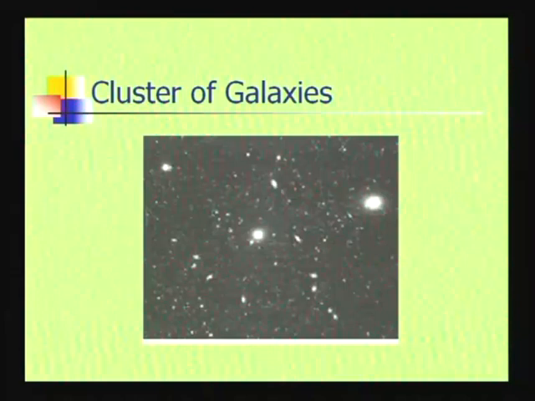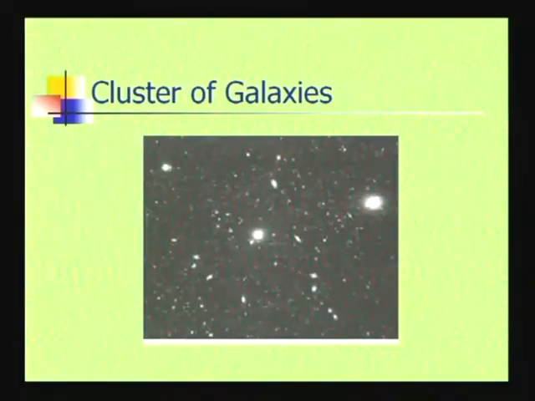It is an observational fact that the galaxies are not absolutely uniformly distributed on the sky on all scales. On sufficiently small scales there is a clustering pattern, and there are objects called clusters of galaxies. This is a picture of a particular cluster.